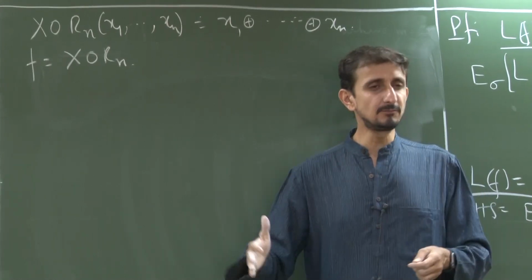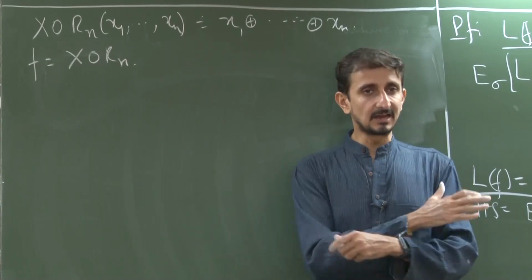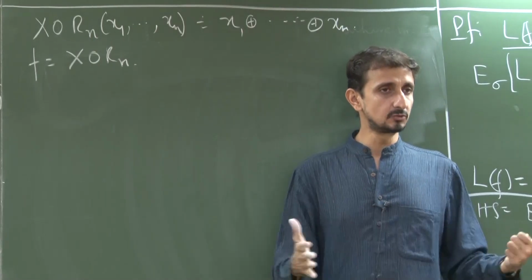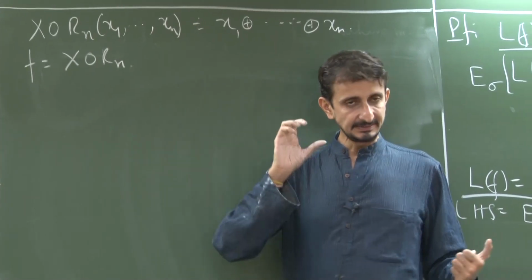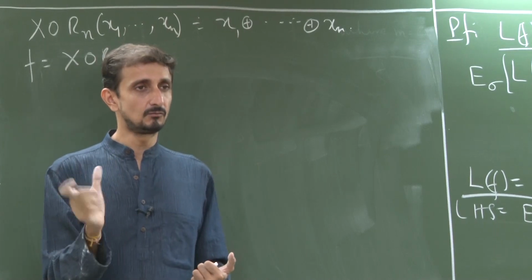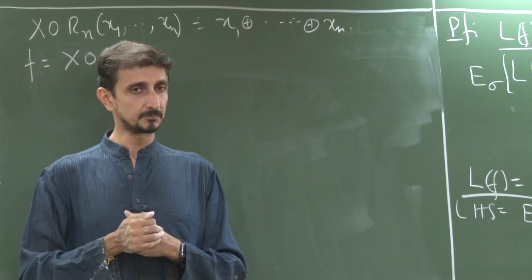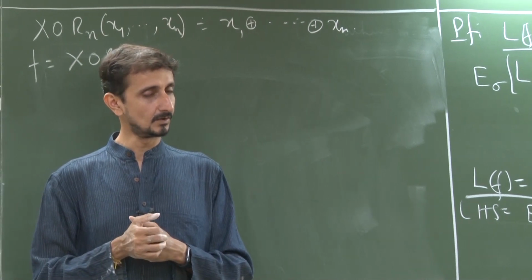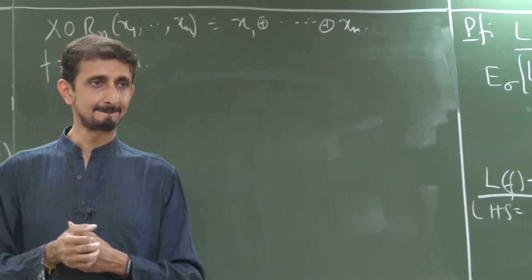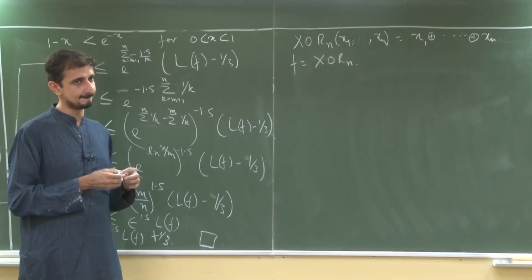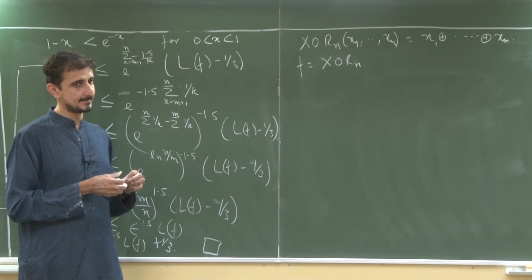So, irrespective of what I restrict the other n minus m variables to be, these m variables should determine the value of XOR. For what value of m is that true? Any guesses?